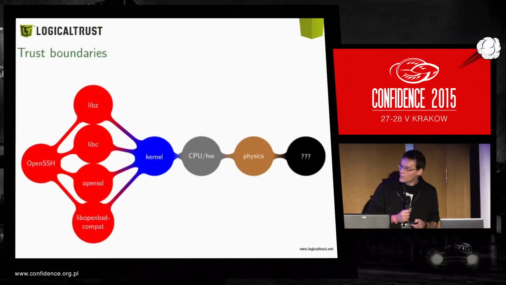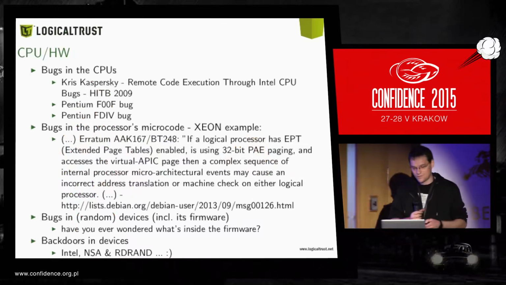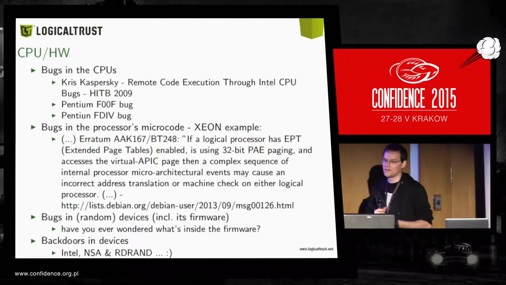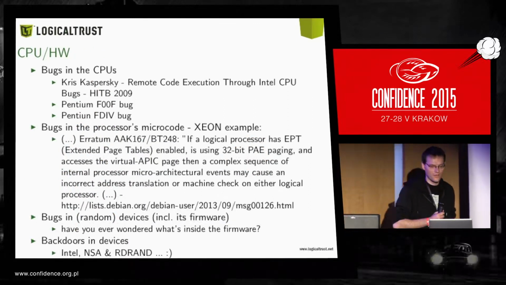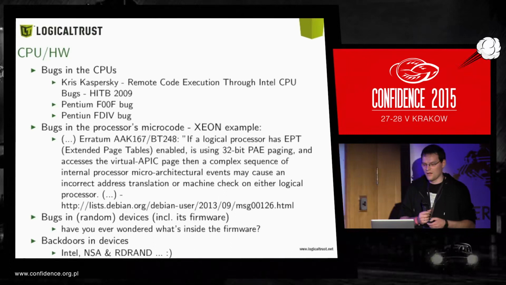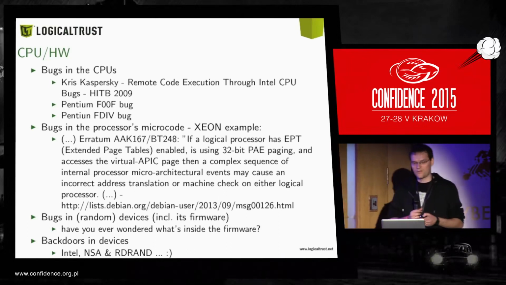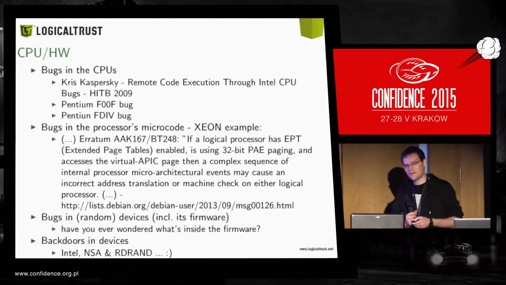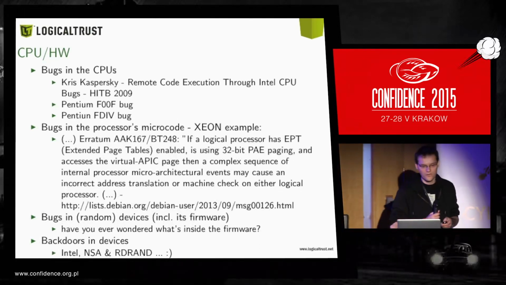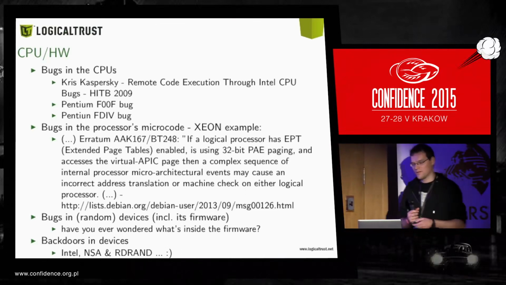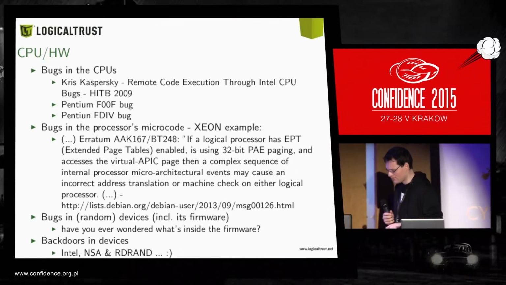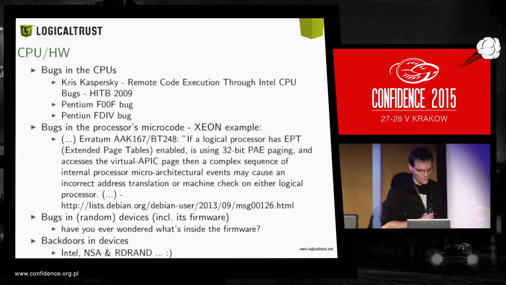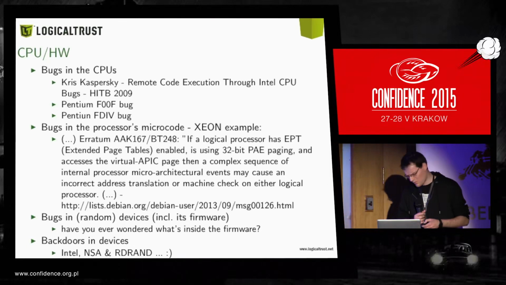So let's go a bit deeper. There are obviously bugs in the CPUs. There was a talk many years ago at Hack in the Box done by Chris Kaspersky, but actually not many details were there. But obviously, if you remember the Pentium processors, you probably remember bugs in those processors.